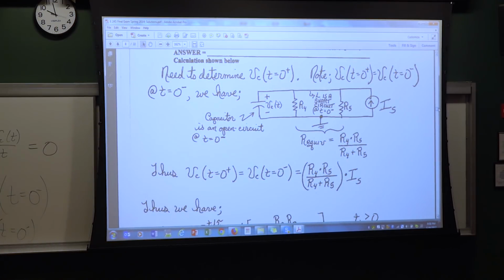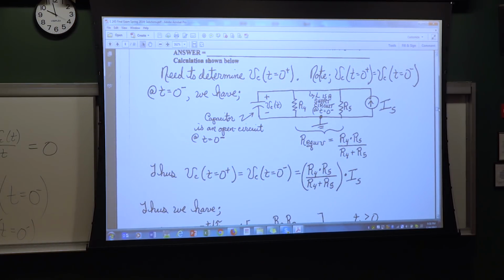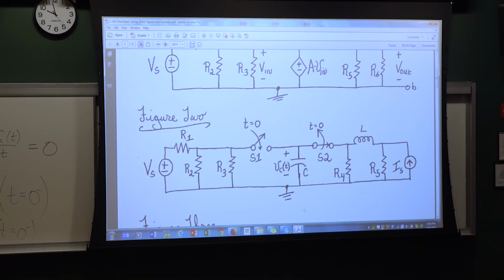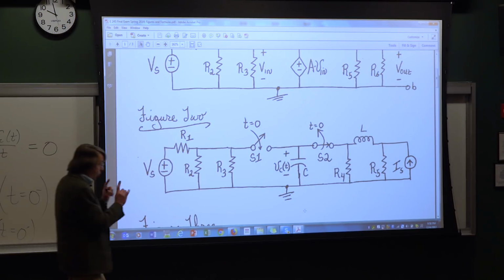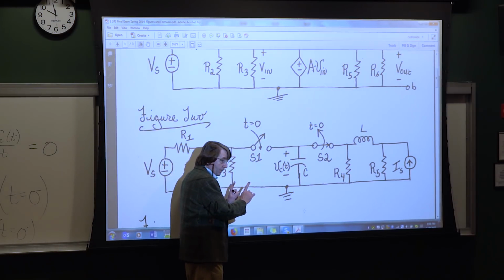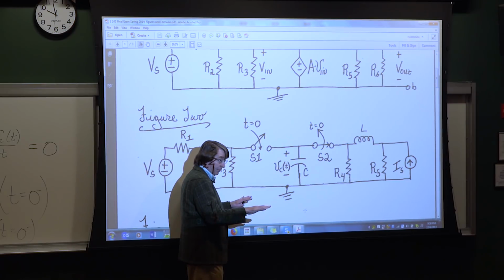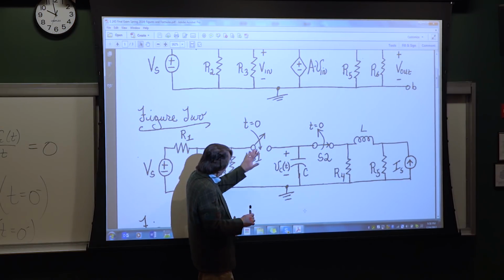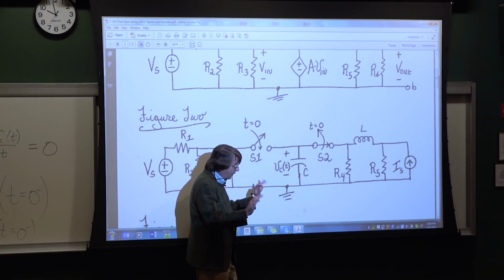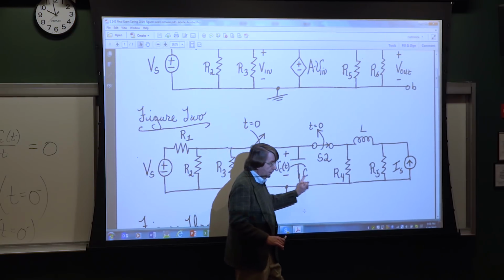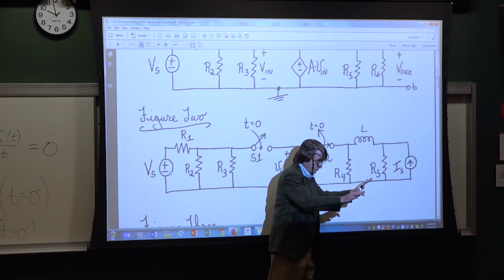To help me answer it, I'd like to pull up the figure. So you are correct. What the problem says is the way the switches are now, they've been here for a long time. So that's telling me the way the switches are right now, capacitor is open, inductors are short.